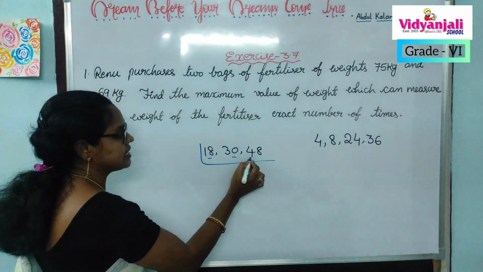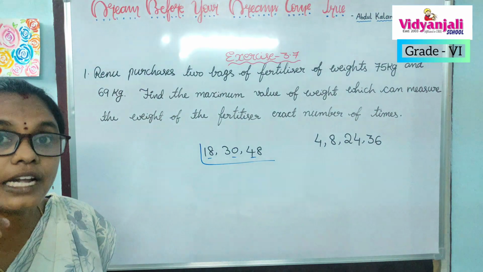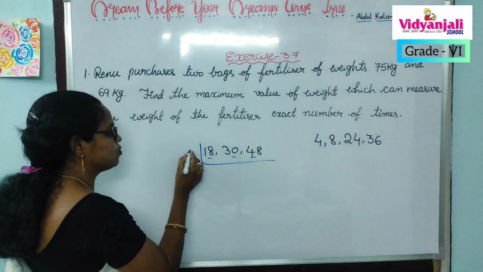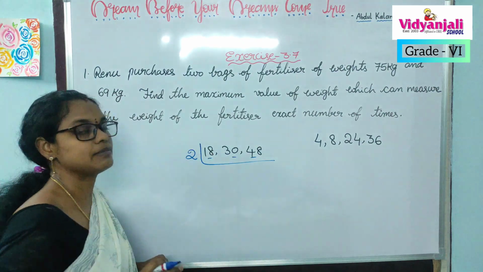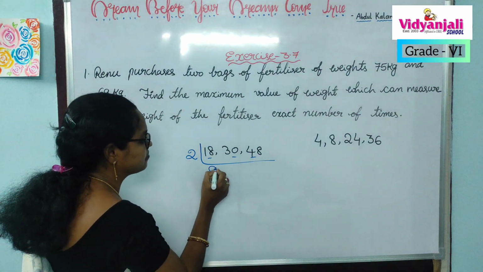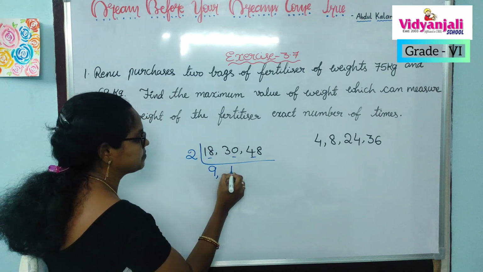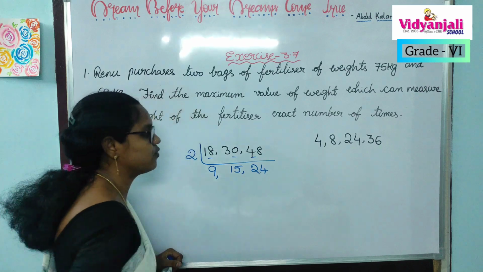As 18, 30 and 48 are all even numbers, these 3 numbers are divisible by 2. Let's take 2. In 2 table, how many times is 18, how many times is 30, how many times is 48? We have to check. In 2 table, 9 times 18, 15 times 30, 24 times 48.